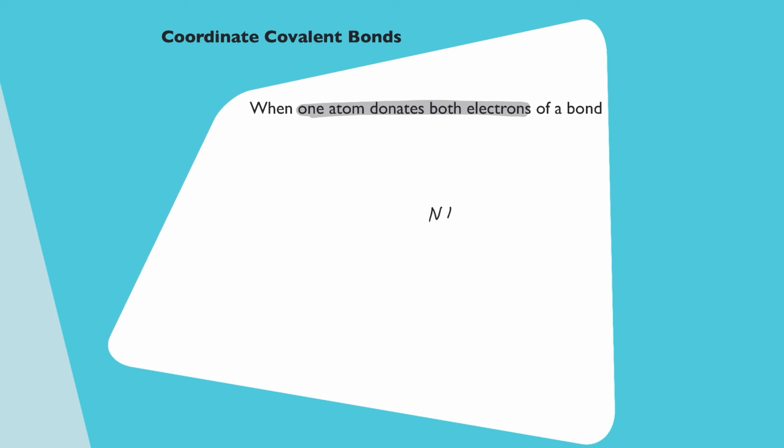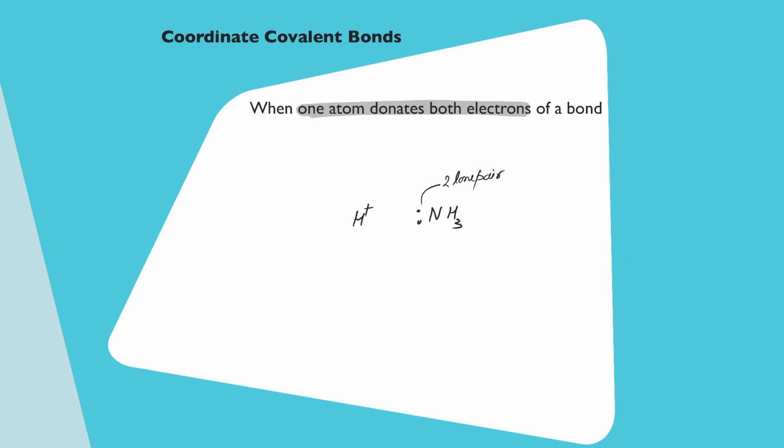So, NH3, right, it has one lone pair of electrons. 3 are being used by hydrogen, but 2 are free. And we have hydrogen ion H plus. So hydrogen doesn't have any electrons at all, whereas NH3 has a lone pair of electrons.